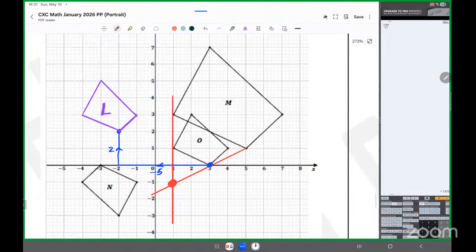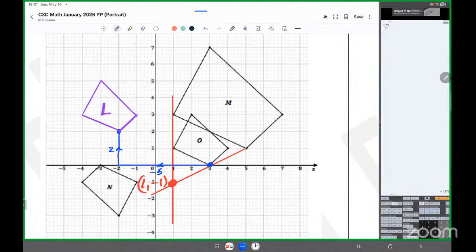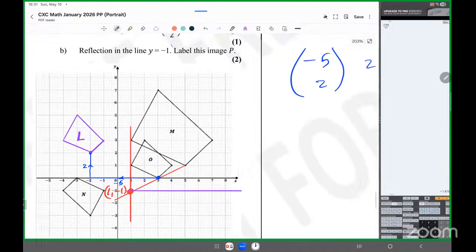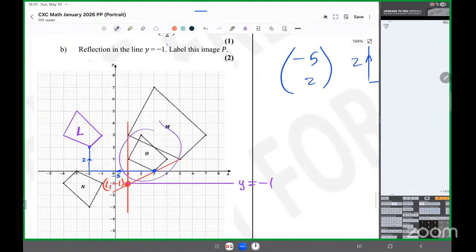This was what again? 1, -1, this point. All right, so y equals minus 1 is going to be this line. Draw it in a third color, this line across here. So that's the mirror line, y equals -1. I reflected this in that line, y equals -1.